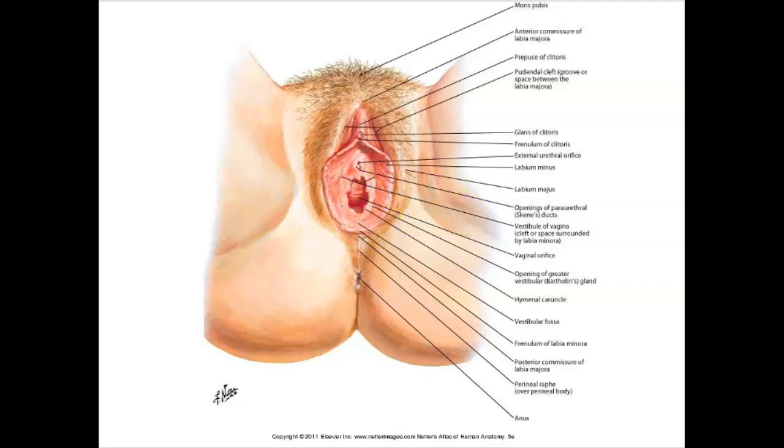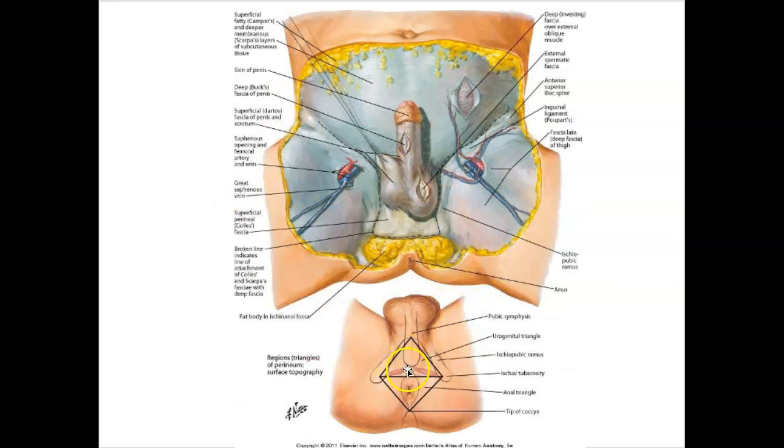The male doesn't have the vaginal opening, obviously, but it also doesn't have the urethral opening here either, which you go, why is that the urogenital triangle? This is actually the area where the urethra will come down out of the bladder.